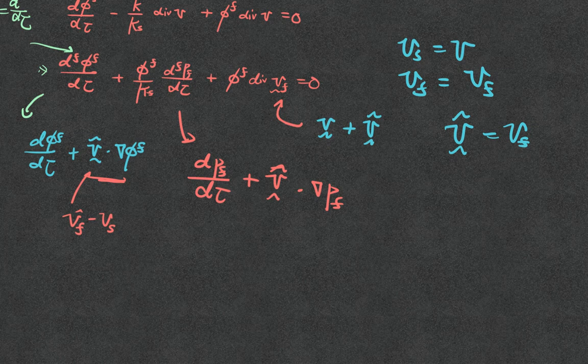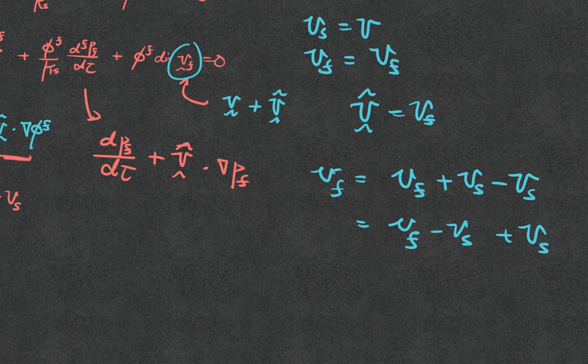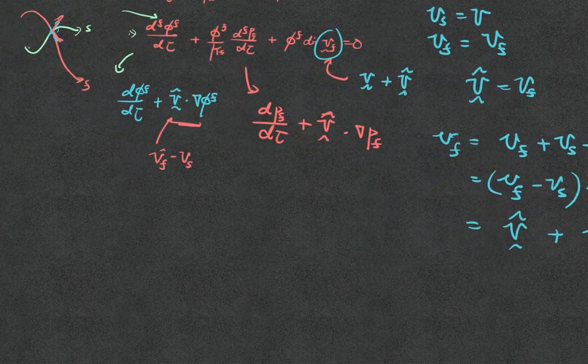Let me write it out more. Vf obviously equals Vf plus Vs minus Vs, right? You agree? That equals Vf minus Vs plus Vs. Now this term gives us the relative velocity, and the second term gives us the V. Now I take out the S because I'm following the solid trajectory. So that gives me those two terms.